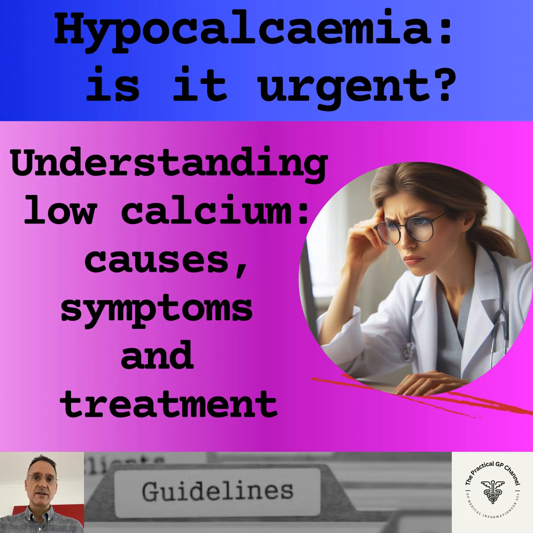Both phosphate and magnesium can affect calcium levels. For example, a low magnesium can impair PTH secretion and action, resulting in hypocalcaemia. On the other hand, a high phosphate, like seen in CKD, can lead to the precipitation of calcium with phosphate and the consequent reduction in serum calcium and hypocalcaemia.